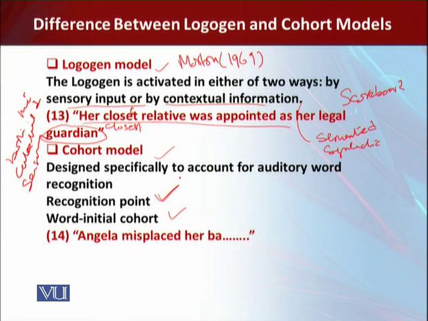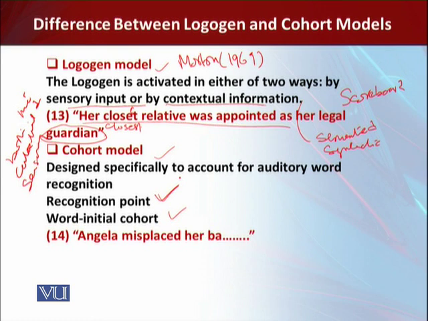words. Now, according to Marslen-Wilson, spoken word recognition occurs in three stages. First, on the basis of acoustic-phonetic analysis of the input, a set of lexical candidates is activated. This set is referred to as the word-initial cohort. Second, one member of the cohort is selected for further analysis.